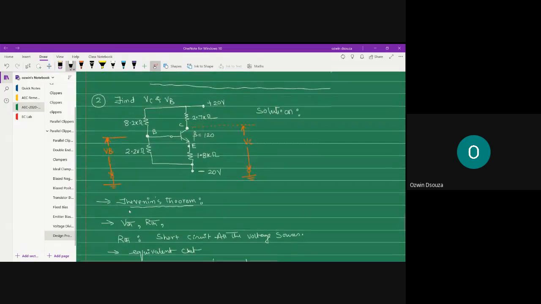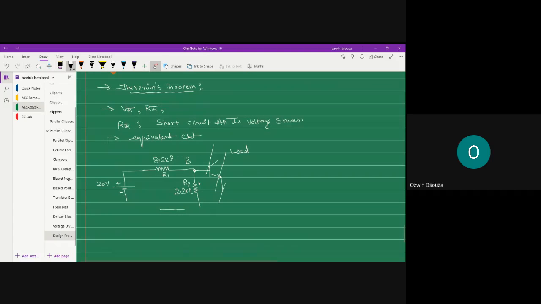The other end of 2.2 is connected to the negative terminal of minus 20.